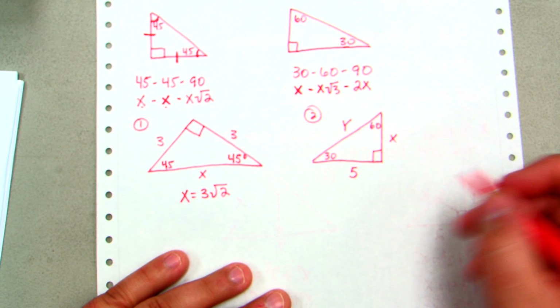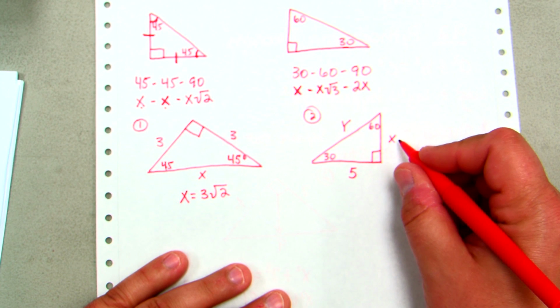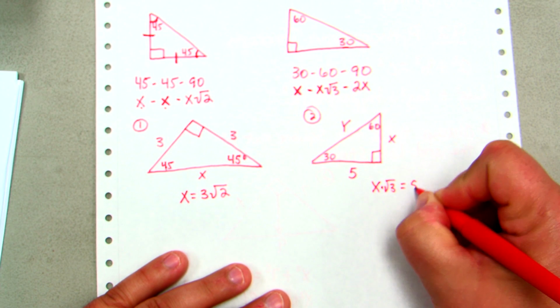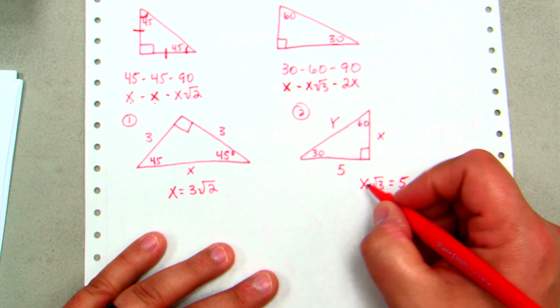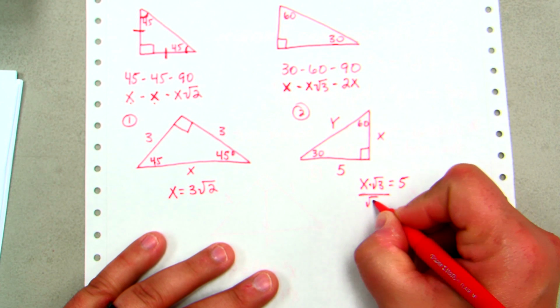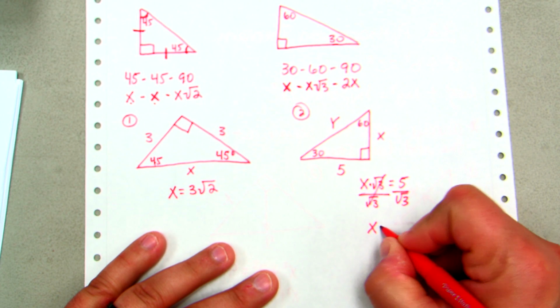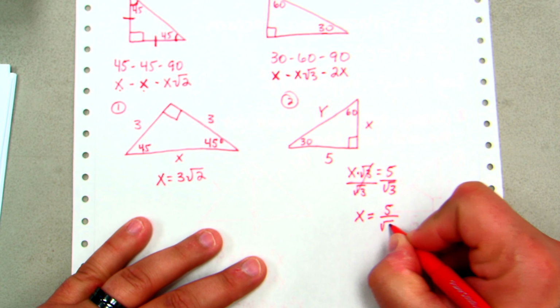So x times the square root of 3 is equal to 5. We don't know what x is, so if we solve it algebraically, we divide both sides by the square root of 3. That cancels and leaves me with x equal to 5 divided by the square root of 3.